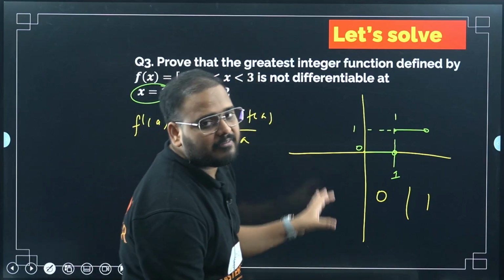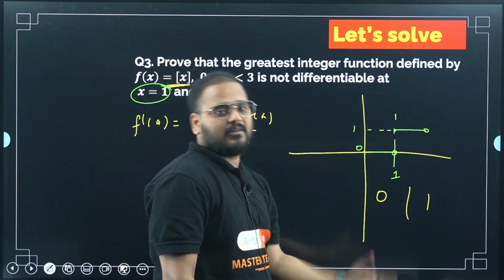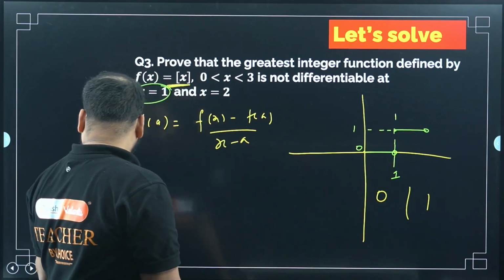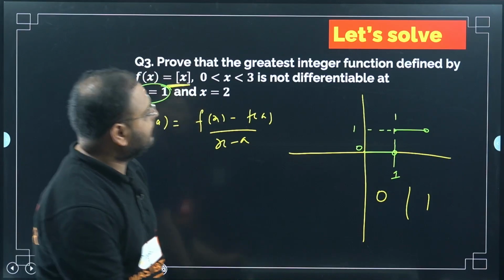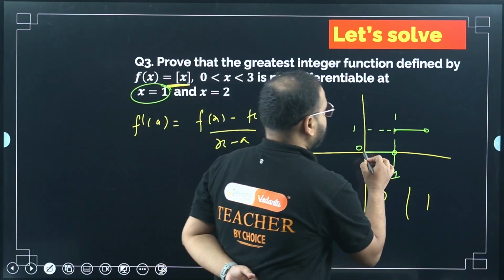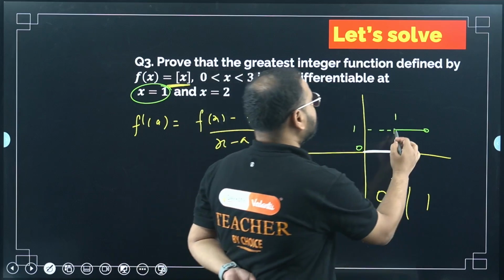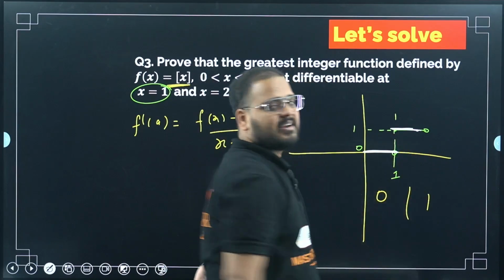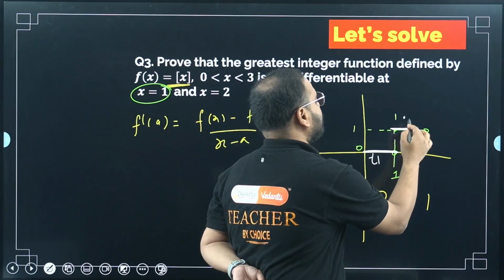The other way, from the graph. Let's understand from the graph only. Before 1, draw the tangent. How will it look? The tangent is this, right? After 1, what is the tangent? This. Is it the same tangent? No, sir. This is my tangent 1, this is my tangent 2.